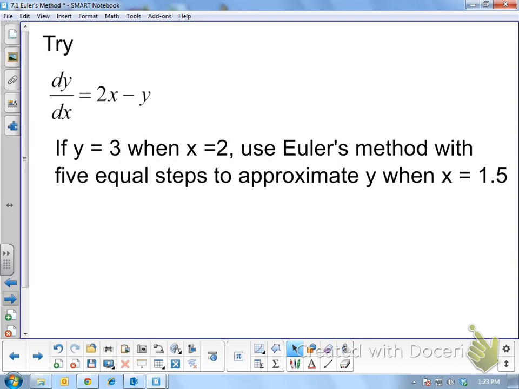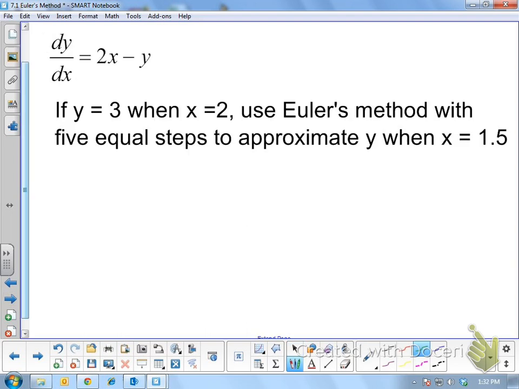The last thing I want to point out before you get started on this try problem though is 2 to 1.5 is getting smaller. So instead of 0.1, it would be negative 0.1. So I'll give you about 3 minutes to solve this problem.